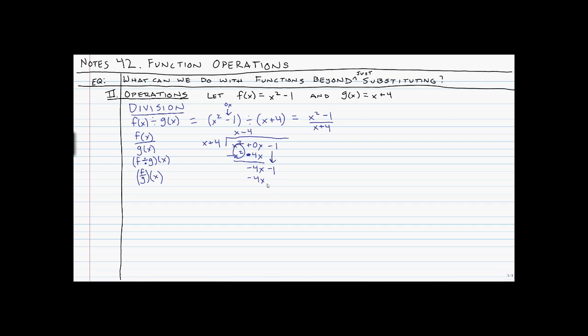Negative 4 times positive 4 is negative 16. Draw the line, change the signs. Again, we get a 0, then we'll get 15 down here, and since x can't go into 15, that is our remainder. So it's x minus 4 plus 15 over our divisor, x plus 4. So in fact, this thing is equal to x minus 4 plus 15 over x plus 4.